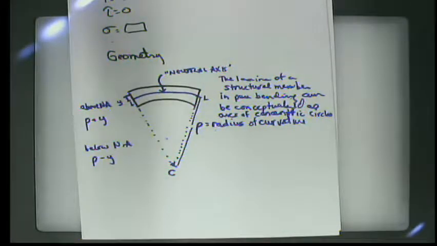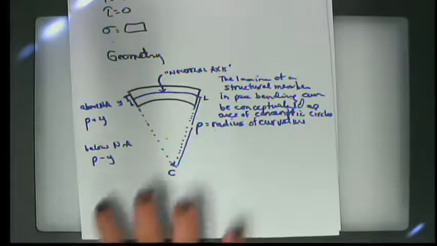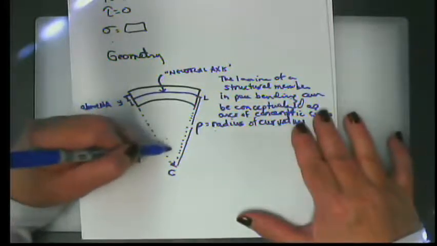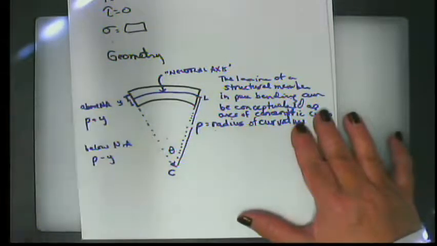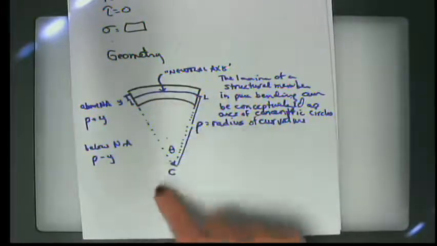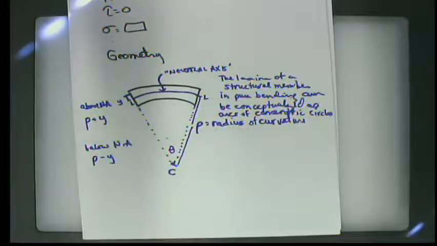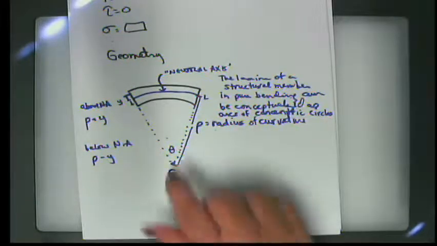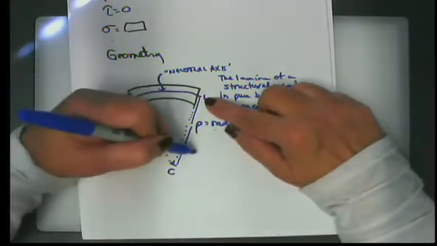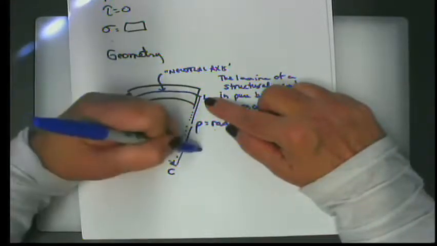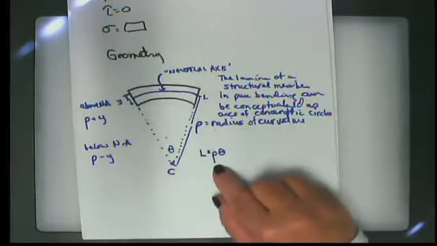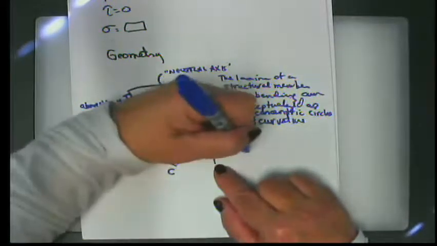Okay? So all we're really doing here is establishing the geometric relationship. Now, if we refer to the angle subtended by the extension of the ends of our structural member to the center of curvature as theta, we can see that on the neutral axis, the length of this arc, L, is equal to rho times theta, as long as theta is measured in radians.